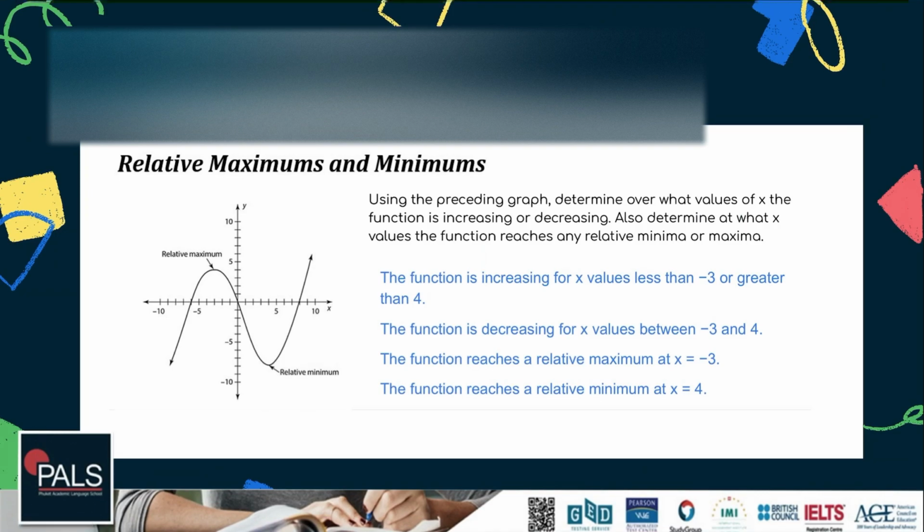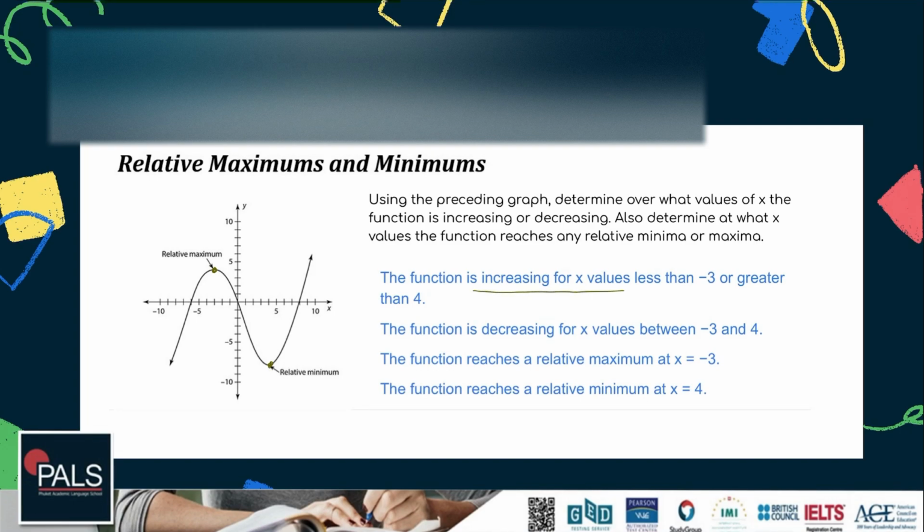Relative maximums and minimums: the maximum point of the graph and the minimum point of the graph. Using the presented graph, determine over what values of x the function is increasing or decreasing. Also determine at what x values the function reaches any relative maximum or minimum.